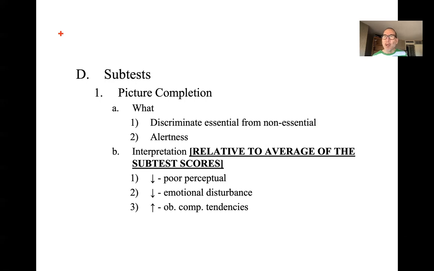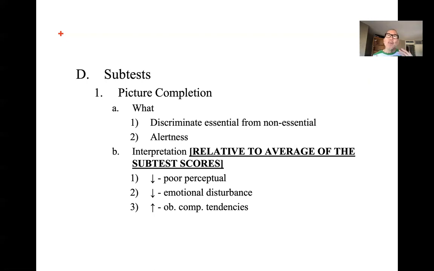Now, when interpreting subtest score performance, as I mentioned before, there's full scale IQ, overall IQ, the 4 sub IQs. There are also scores for each subtest, resulting in a kind of subtest profile where someone can have low and high scores, or a whole bunch of high or a whole bunch of low scores on the different subtests.